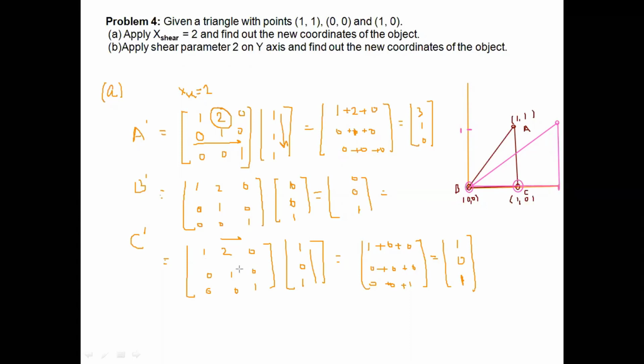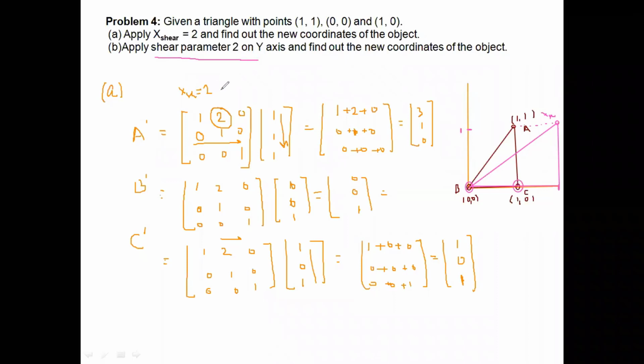So here you can see the triangle is sheared in X direction. The base has remained the same. Likewise, you can go for the Y shear.